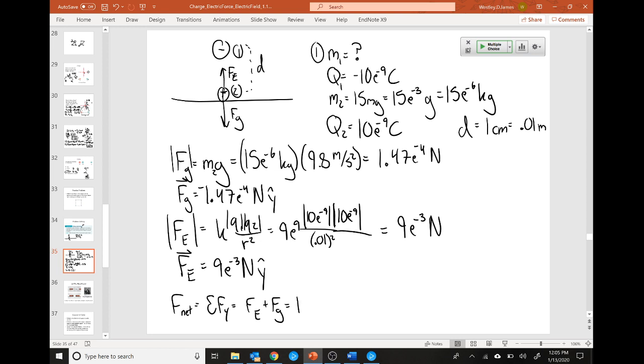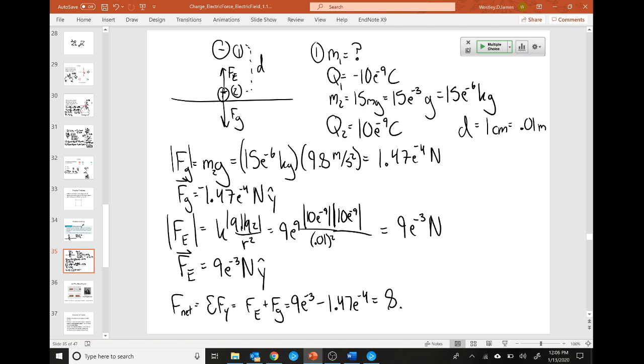And then you can plug in the negatives, and that'll make it more clear based on the notation I've been using. So 9 e to the minus 3 minus 1.47 e to the minus 4. You don't really even need to do the math to figure out that this number is bigger than that one. E to the minus 3 is bigger than e to the minus 4, but, you know, we'll do it. The final response didn't ask for the final answer, but, you know, can't hurt.